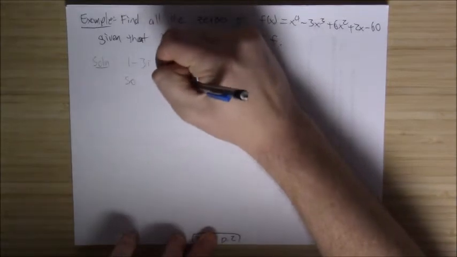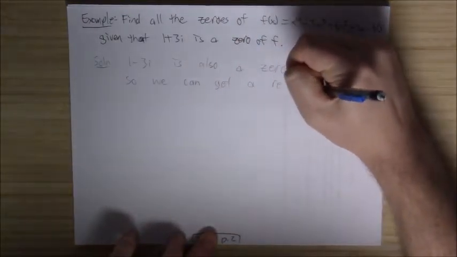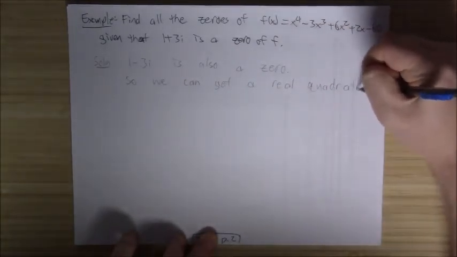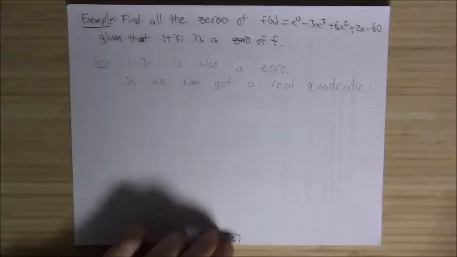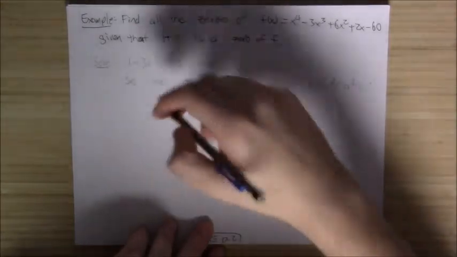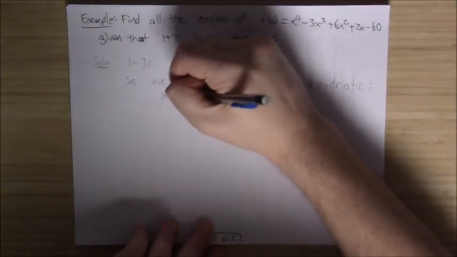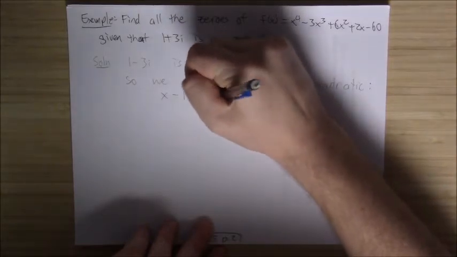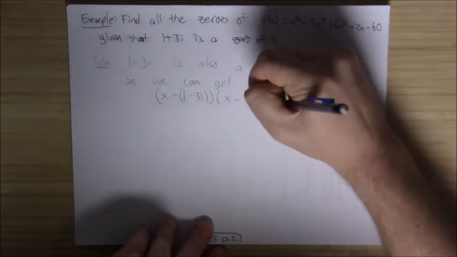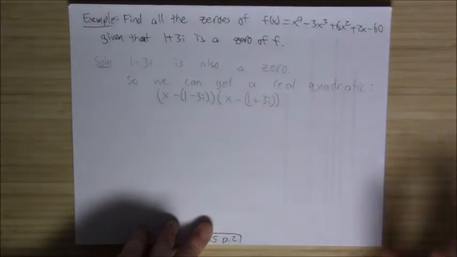So we can get a real coefficient quadratic, like we were saying in the last video. That is, we know that x minus 1 minus 3i and x minus 1 plus 3i are both factors.